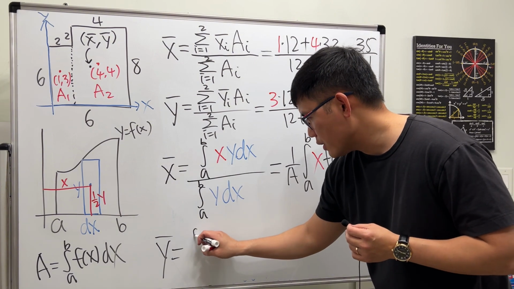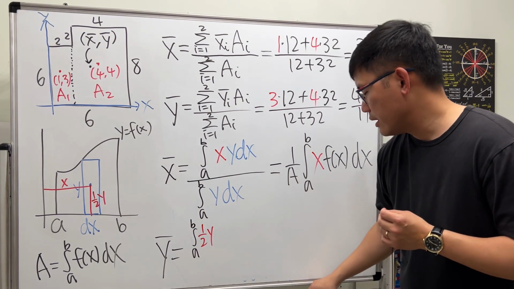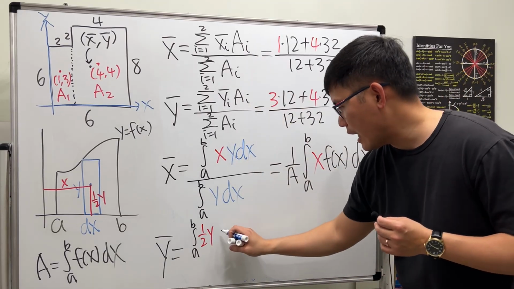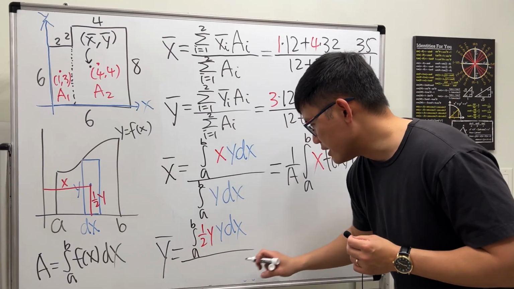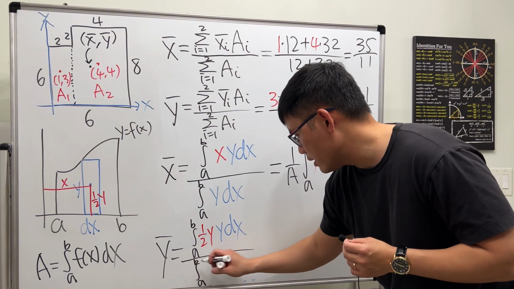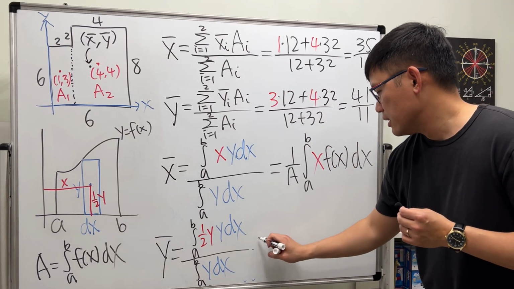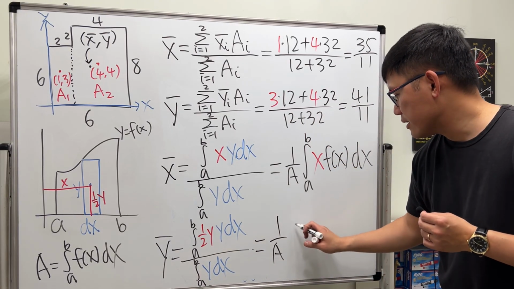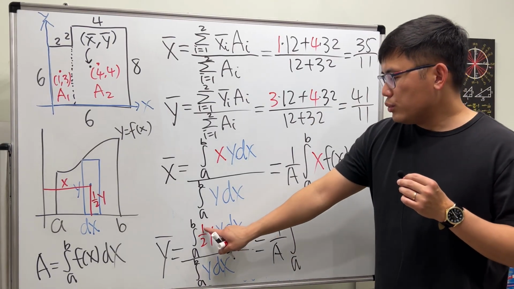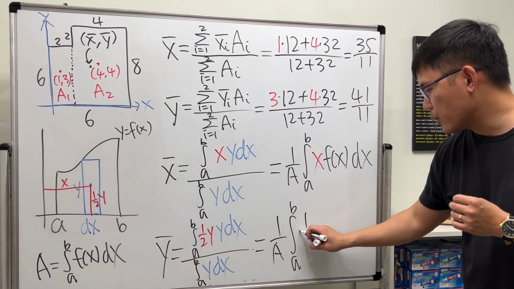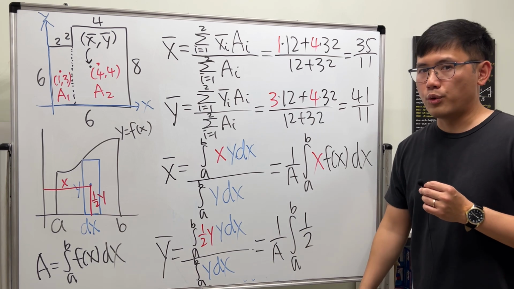So for y bar, we have the integral a to b, we have half y, and then again the area part, like so. And then for the bottom, it's the same thing, integral a to b, and then we have y dx. And we get 1 over A times the integral going from a to b. And we like to have the 1/2 inside of the integral. That way we can have 1 over A for both of these two expressions.